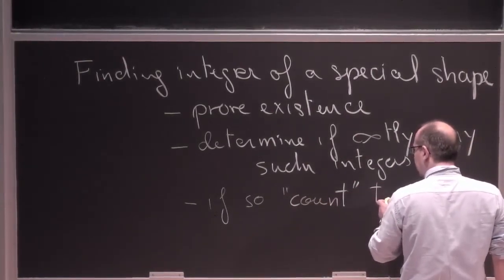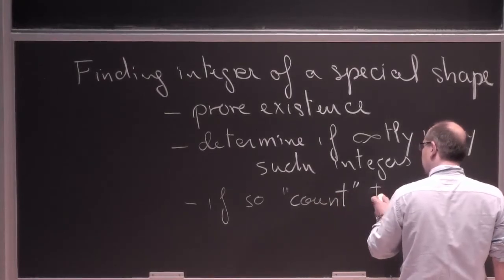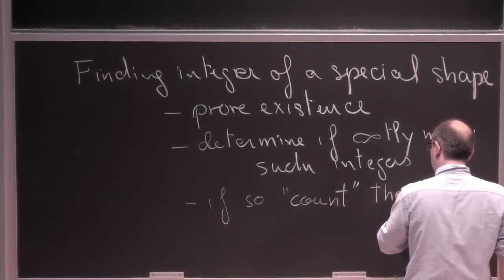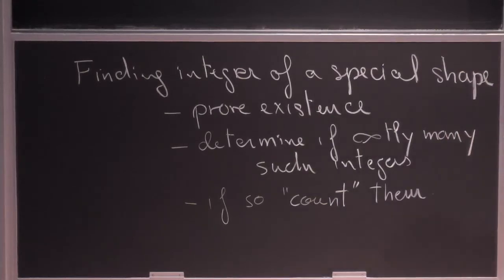And so usually the methods to count this set of integers borrow a lot from analytic methods, but it won't be possible not to borrow from other areas as well, especially arithmetic geometry, also algebraic geometry a bit.